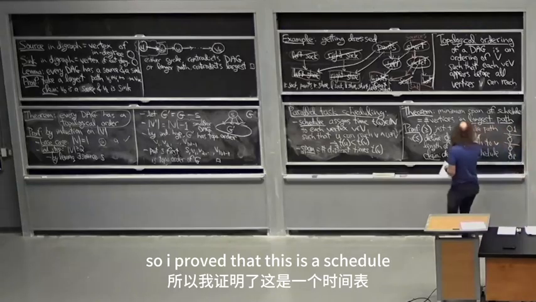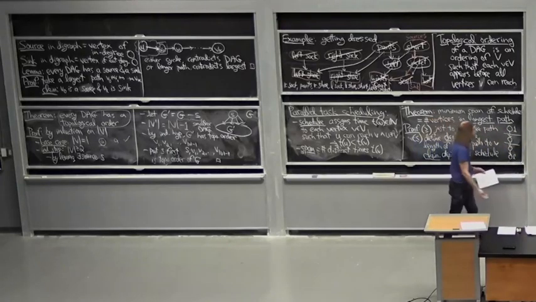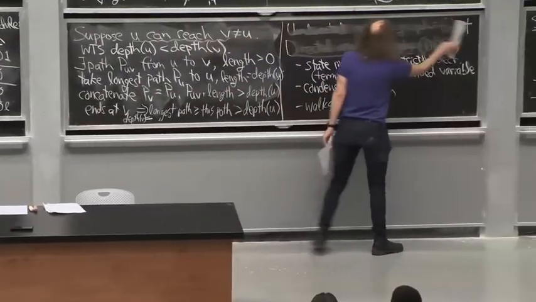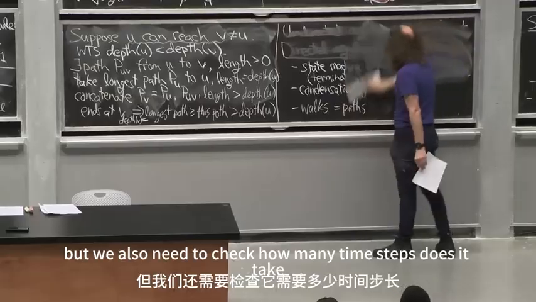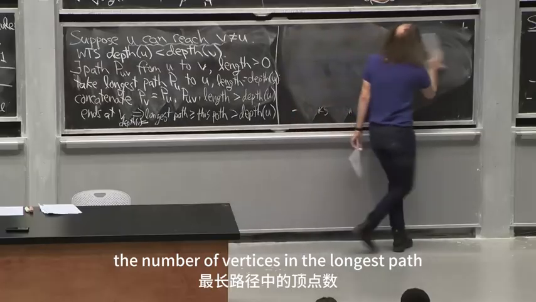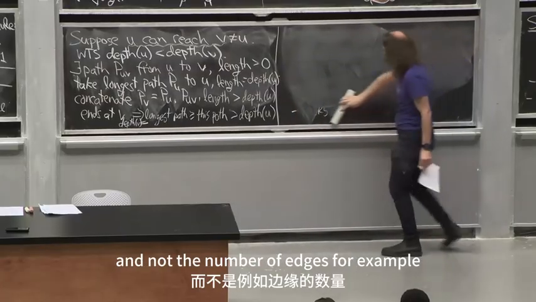So I proved that this is a schedule, that it processes things in a valid order. But we also need to check how many time steps it takes. Why is it the number of vertices in the longest path and not the number of edges, for example?